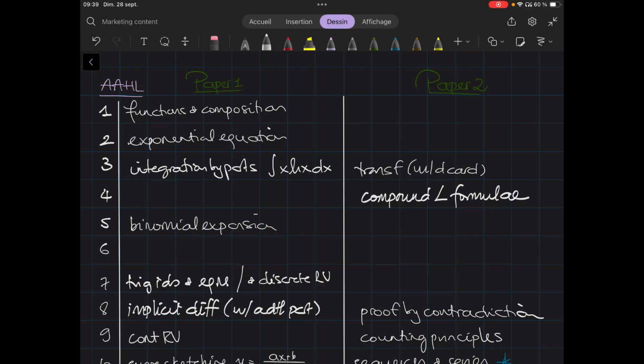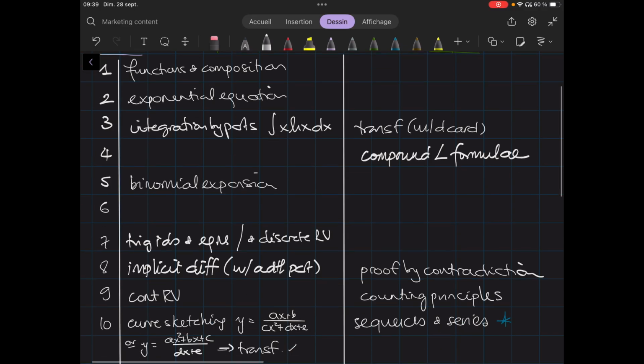Okay. Question 4, we can do a bit of cumulative frequency. That'll be very straightforward, but that can work.